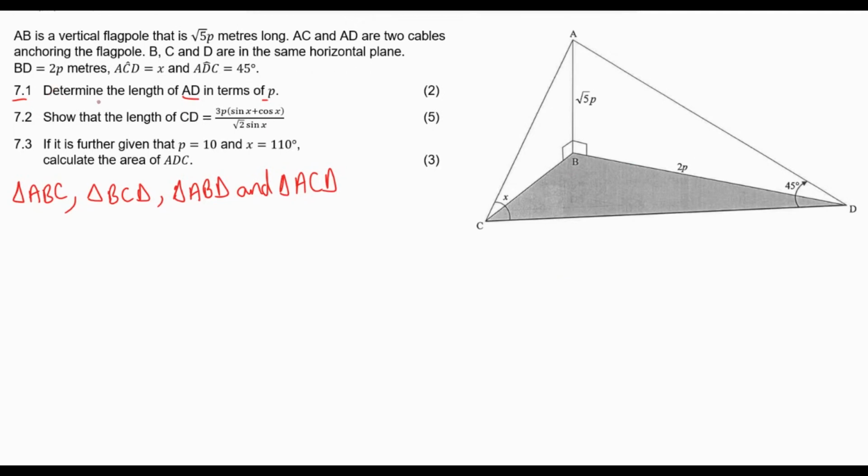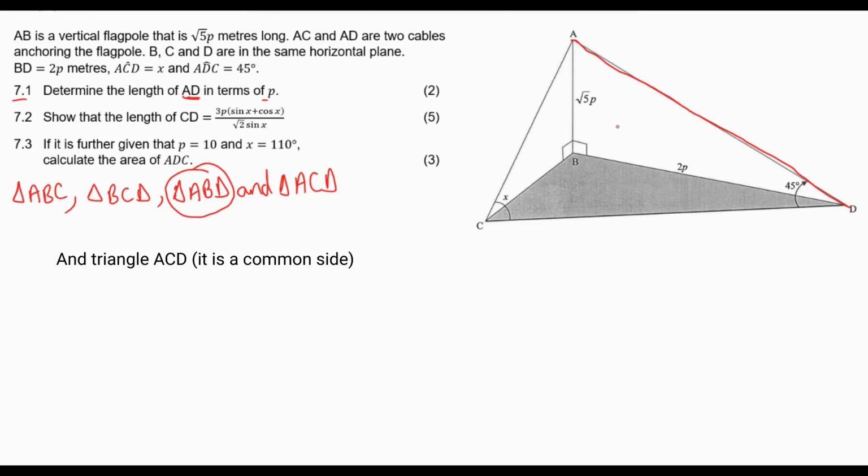So 7.1, we want to determine the length of AD. You look at the side that you are looking for. We're looking for AD. In which triangle do we find side AD? We find AD in triangle ABD, in this triangle, right? And what type of triangle is it?